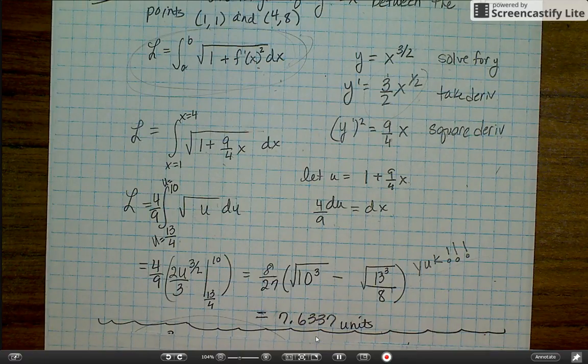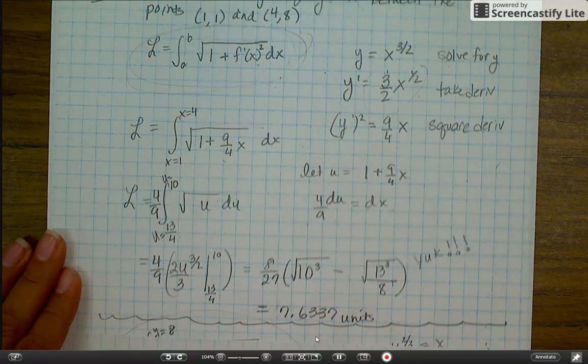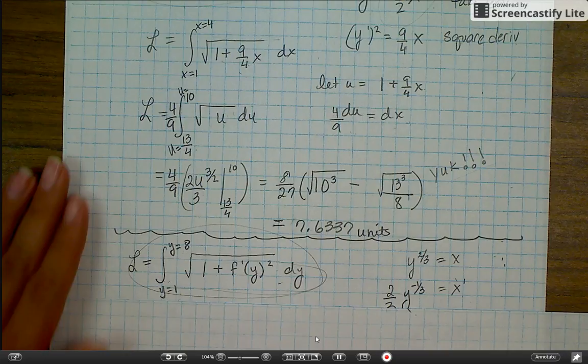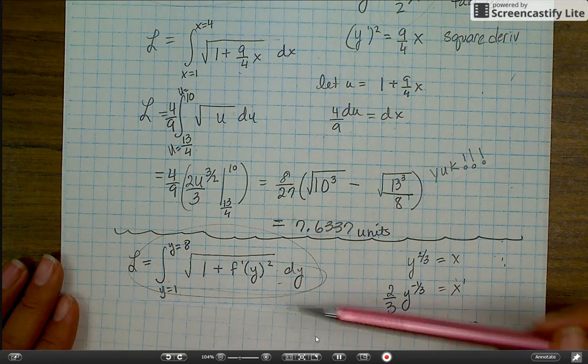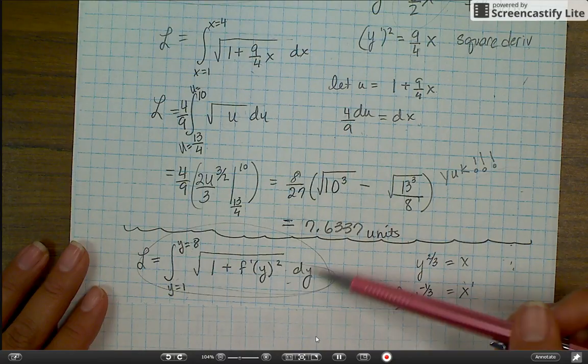Now, we also tried to do this in terms of y, because whether you do it in terms of y or in terms of x, it's not going to matter. It should end up being the same thing. So if we do it in terms of y, what changes? Instead of having f prime of x being squared, we have f prime of y being squared, and it's going to be dy.